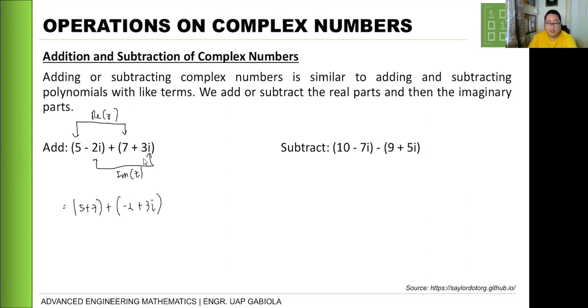Okay? So real sa real, imaginary sa imaginary. So simplifying this one, we have 12, and then plus negative 2 plus 3, that is 1, so this will be i. So rewrite ko lang, this will be 12 plus i. So this will be our sum na agad nung ating complex number.